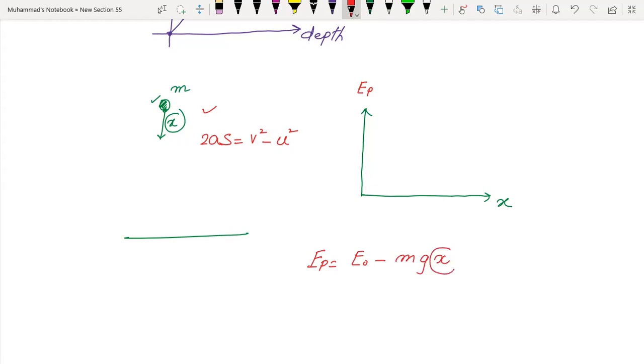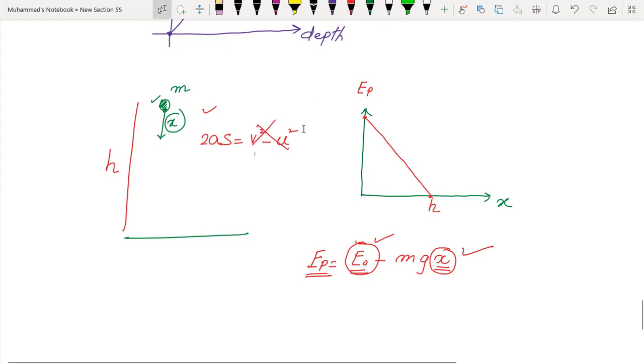As distance x increases, the potential energy would decrease. So the graph between x versus potential energy will be a straight line. Initially it is maximum, that is the maximum potential energy that it had at the start, and as x increases, potential energy will decrease, and at some h, that was the initial height, the potential energy would become zero. So we have to use this graph, not this relationship, not this.